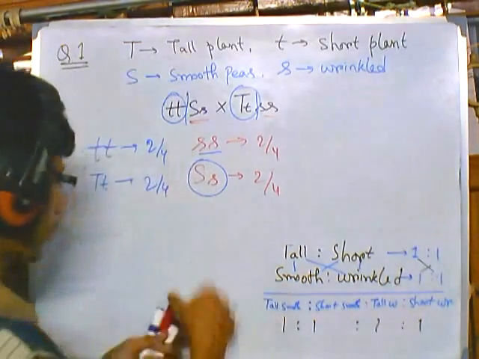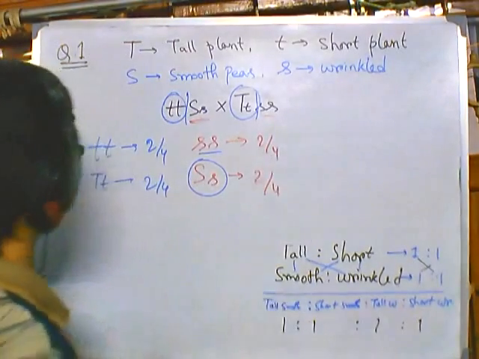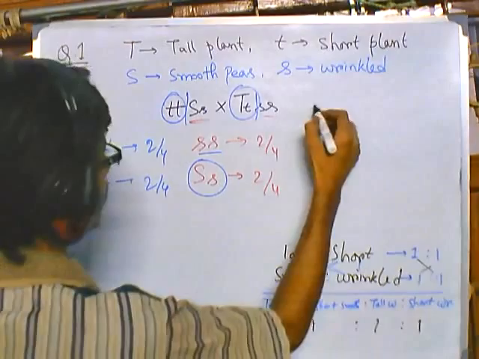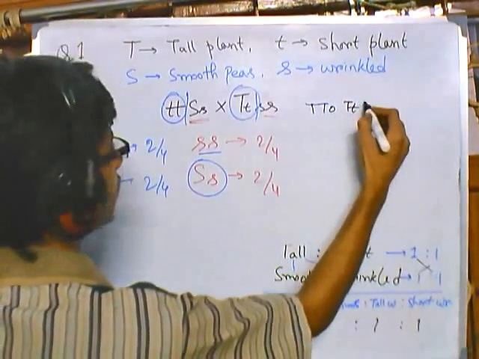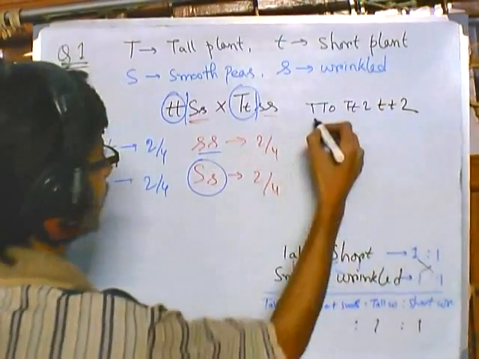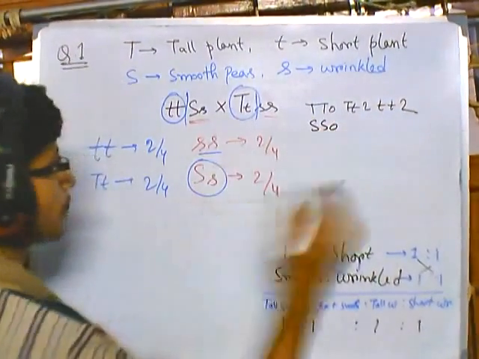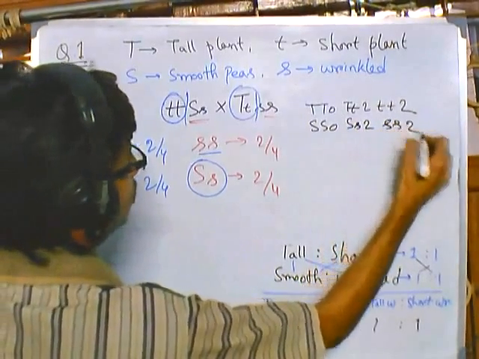Now let us figure out the genotypic ratios. For the genotypic ratios, caps T caps T is 0, caps T small t is 2, small t small t is 2. On the other hand, caps S caps S is 0, there is no caps S caps S, then caps S small s is 2, small s small s is 2.